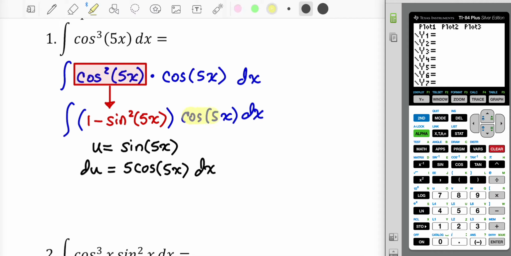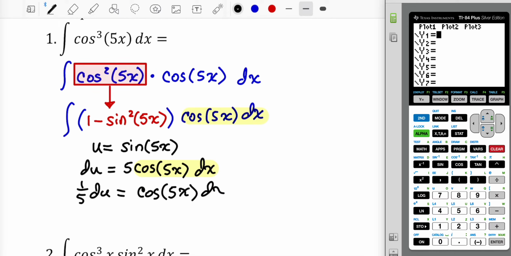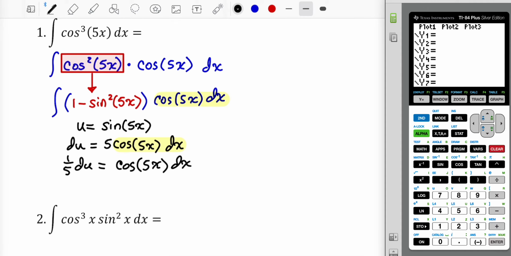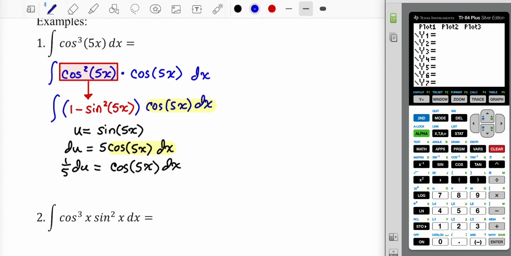Now I need to get rid of the cosine of 5x dx. So I'm going to divide out the 5. And now I have something a little bit cleaner. I'm going to replace the sine of 5x with a u.